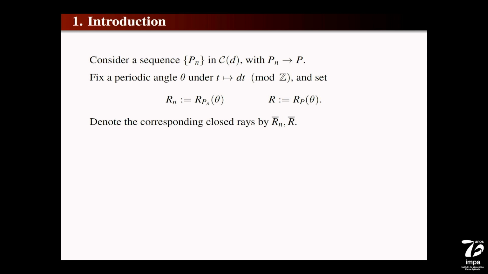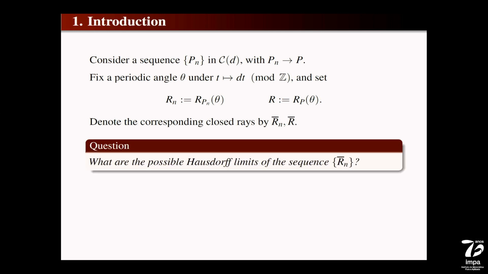And when I take the closure of a ray, namely, I take the union of the ray with the landing point, I use this notation, R_n bar and R bar. So the question is, what are the possible Hausdorff limits of the sequence of closed rays?